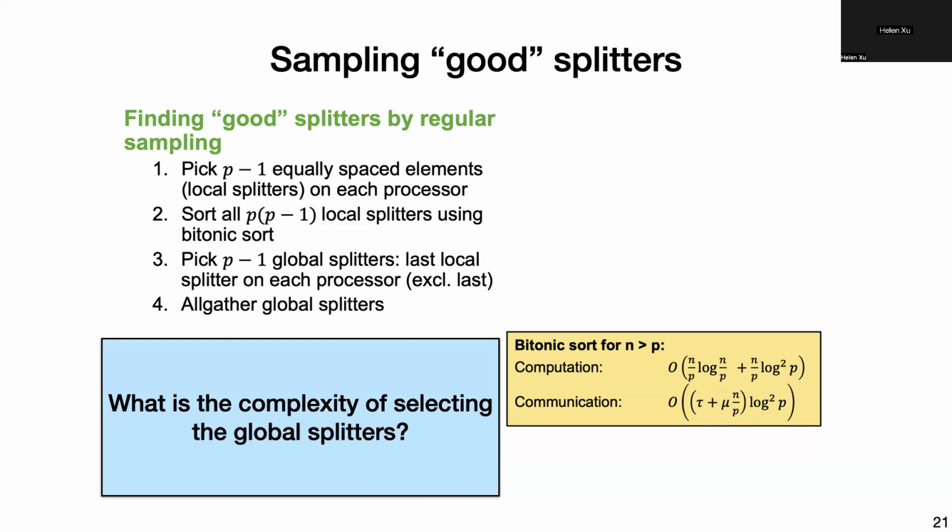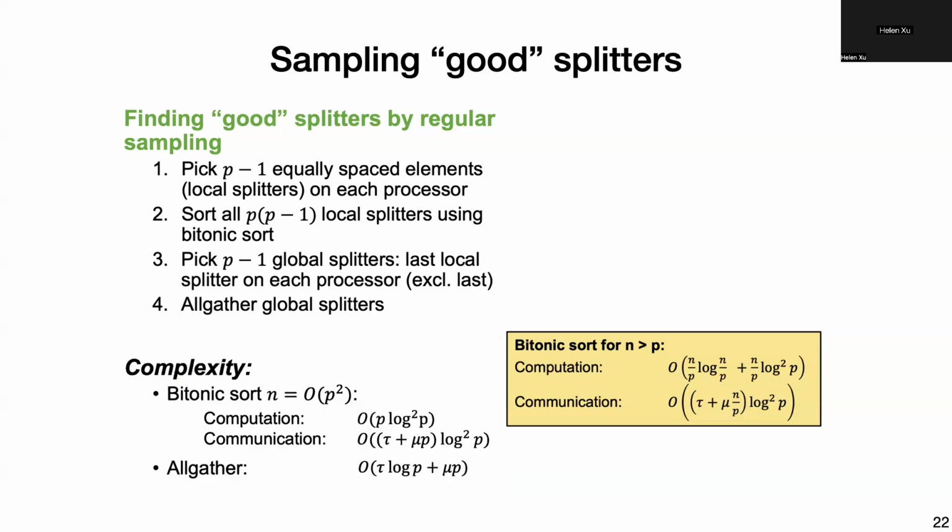Okay. So what is the complexity of choosing these global splitters? We want to make sure that it didn't contribute too much into the overall runtime. And to know that, we need to bring back these bounds for Bitonic sort, because we're going to use Bitonic sort here to sort the p squared local splitters. So in this case, n is equal to something like p squared, and then you just plug in p squared for n into those bounds.